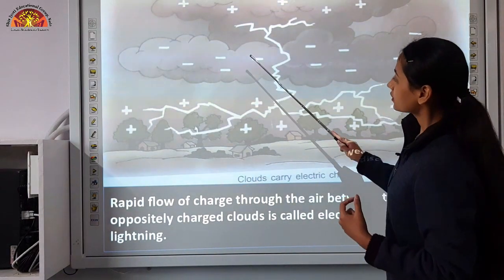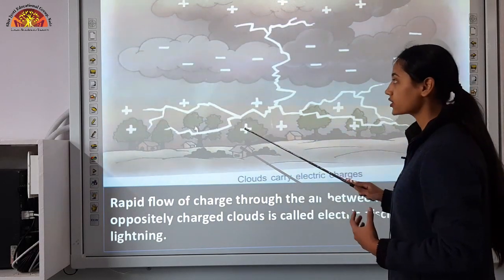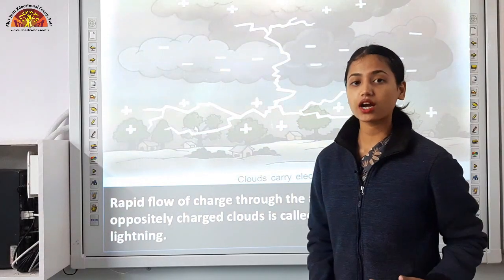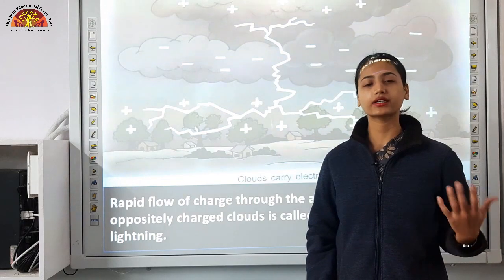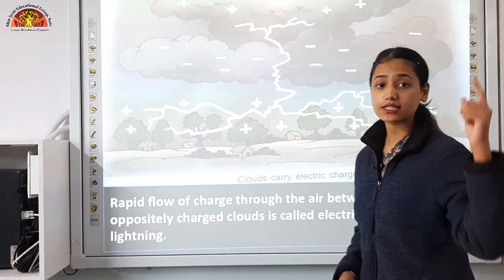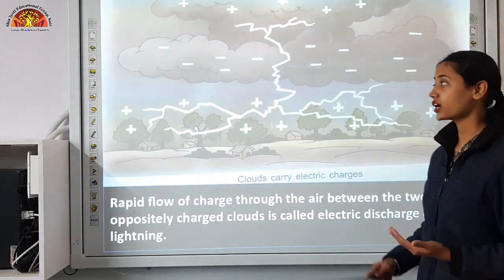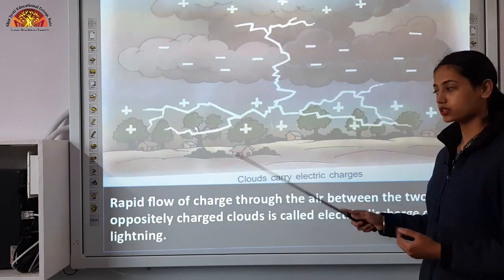So there is flow of charge between negative and positive charges, and that flow of charge constitutes what? Electric current, electricity, and that's how we see lightning, that spark of light. That is electric current, because of the flow of charges between clouds and the ground.